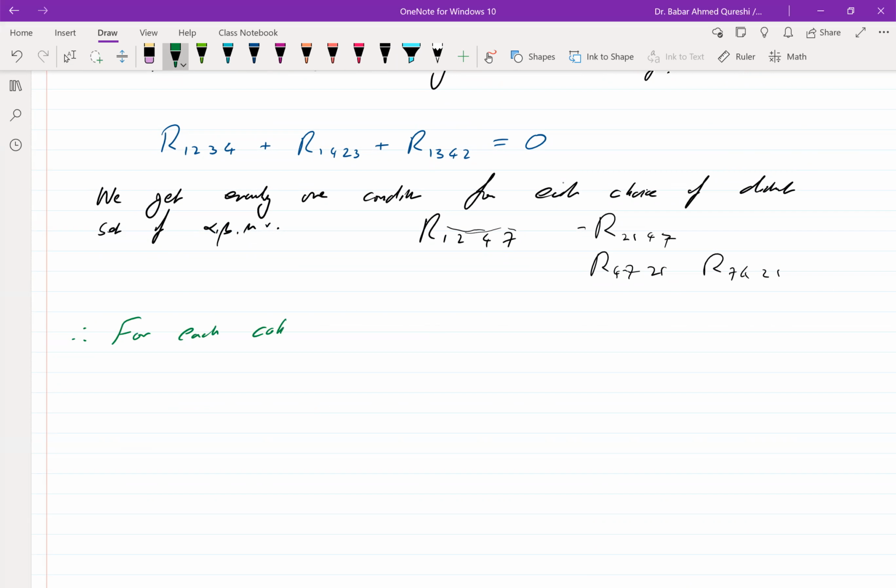For each choice of 4 distinct indices, because the Riemann tensor has 4 and they all have to be distinct to not do the overcounting, 4 distinct indices out of the n available, we will have one condition.